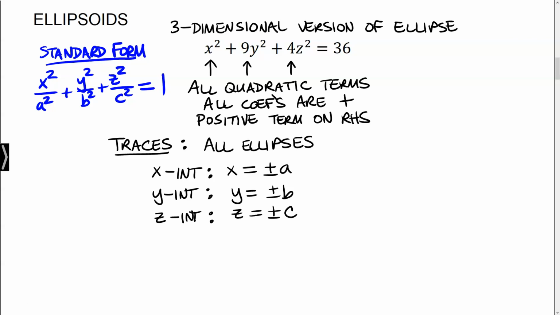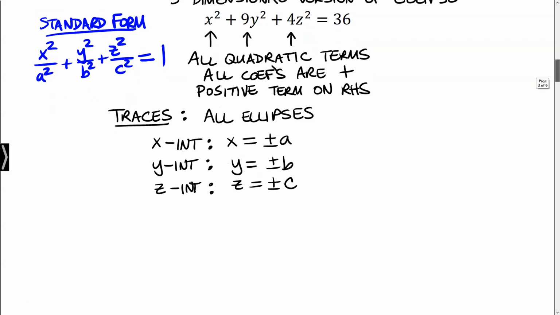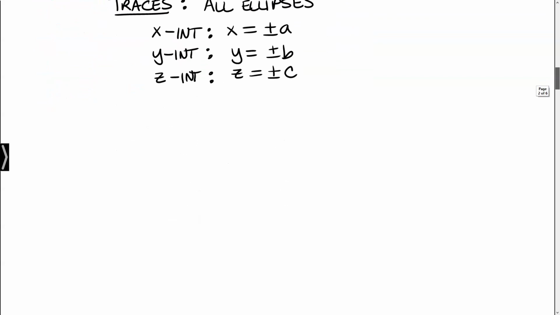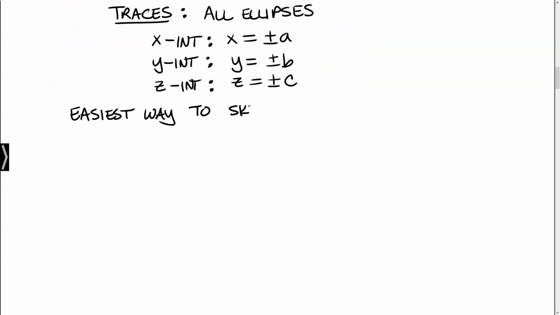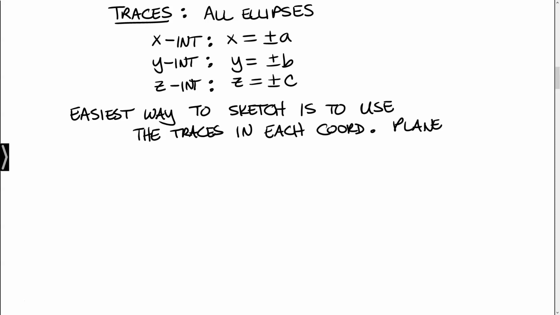Now, what is the easiest way to sketch the graph? The easiest way is to use the traces in each coordinate plane, the xy plane, the yz plane, the xz plane. And we do that by using the intercepts that we got above.